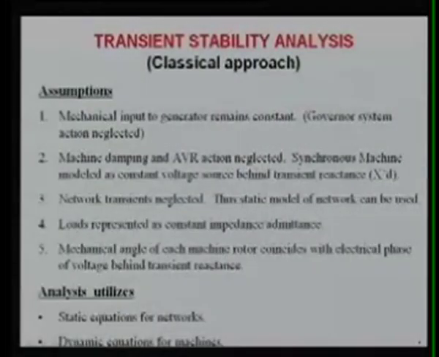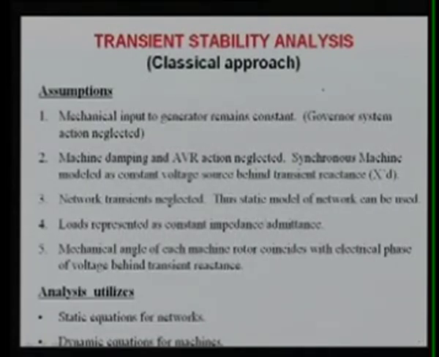First one is the classical approach for the transient stability analysis, and various assumptions are made in the classical approach. First, the mechanical input to the generator remains constant, meaning governing system action is neglected.